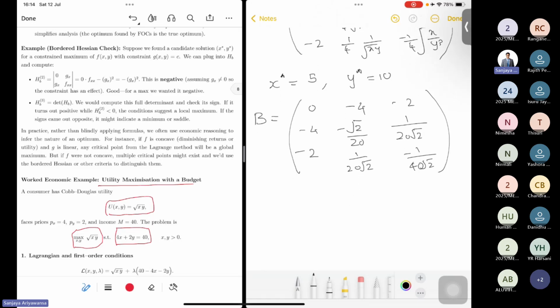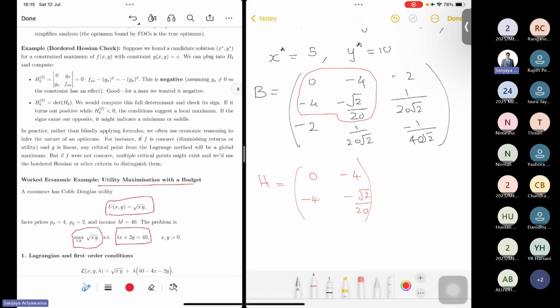And now you check the signs. You first take this component over here and name it, let's say, your Hessian matrix, 0, minus 4, minus 4, minus root 2 over 20. And you calculate the determinant of this.